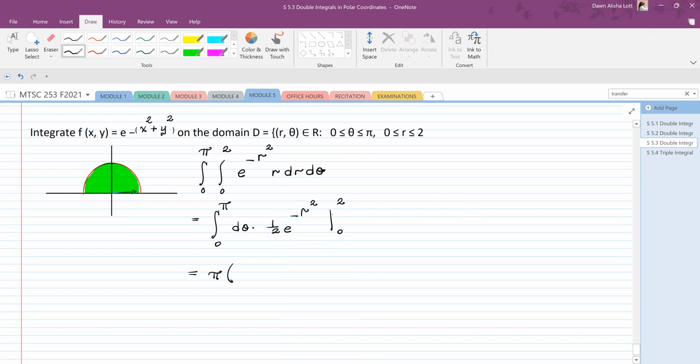Where did you get 1/2 from? So if I let u equal to minus r squared, du is equal to minus 2r dr. And I'm missing a negative.